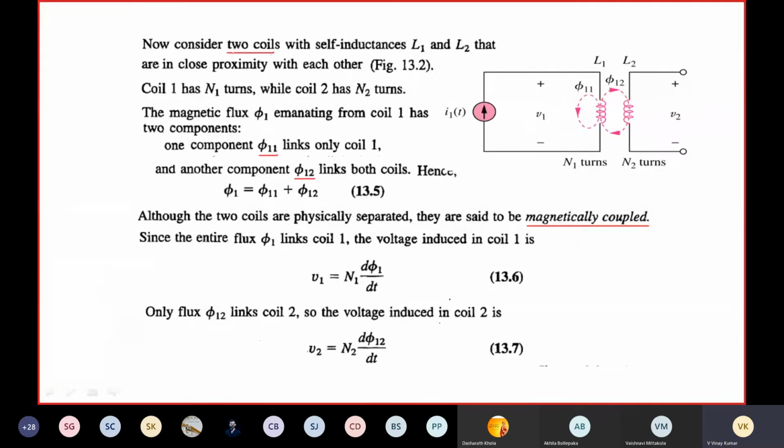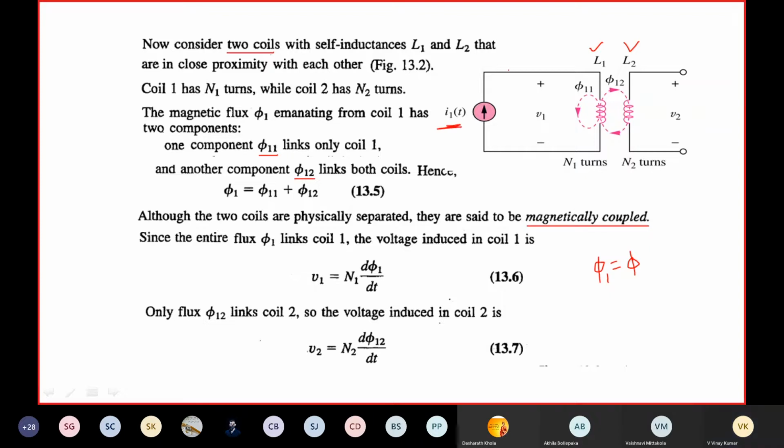So now consider two coils having self-inductances L1 and L2. L1 is the self-inductance of coil 1, L2 is the self-inductance of coil 2. Phi 1 has two components. The total flux produced by coil 1, by I1, is phi 1.